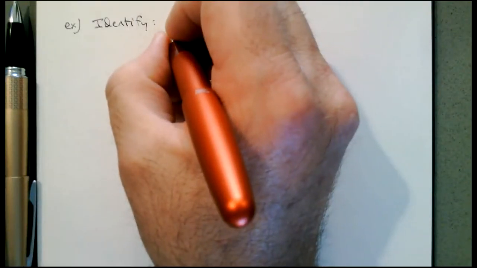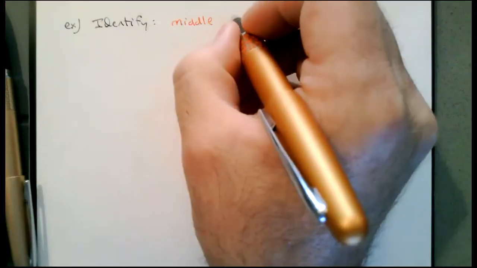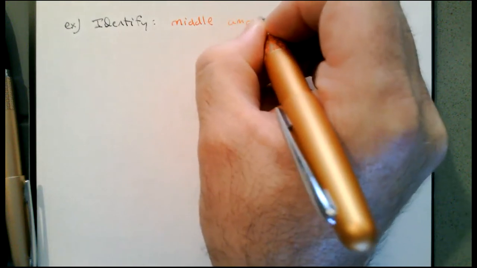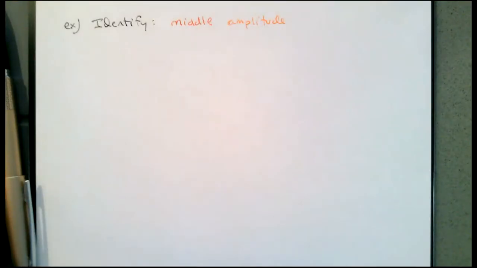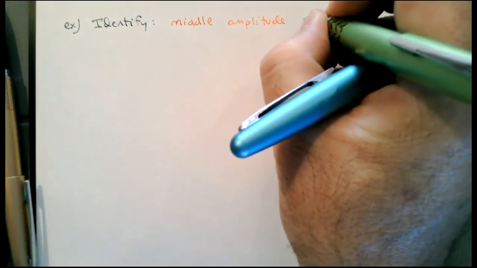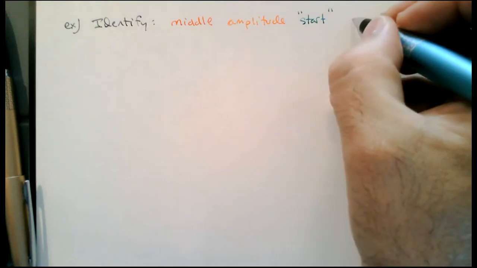So let's look at an example. We're going to write a function and we're going to want to identify the middle, the amplitude, the start, and the period.